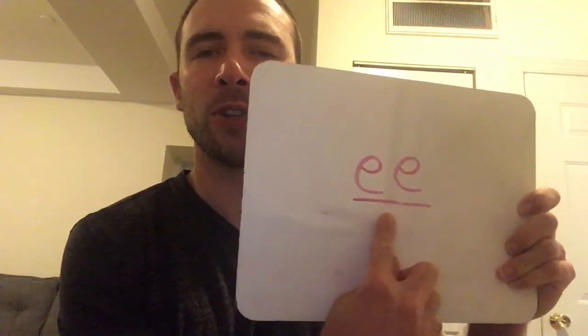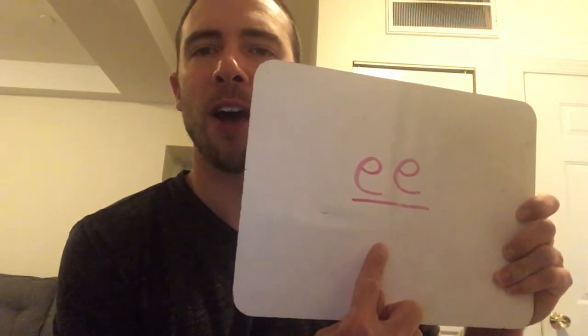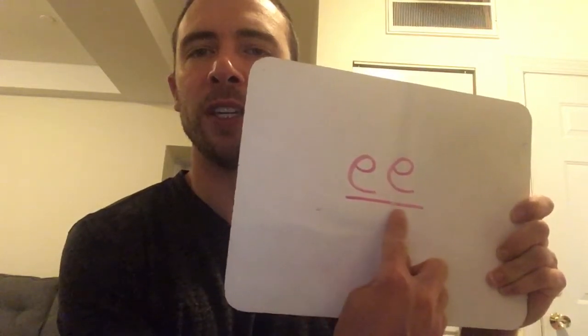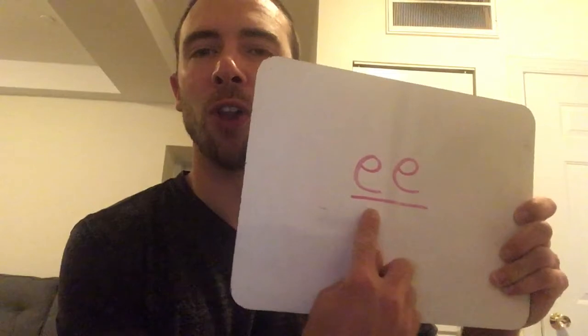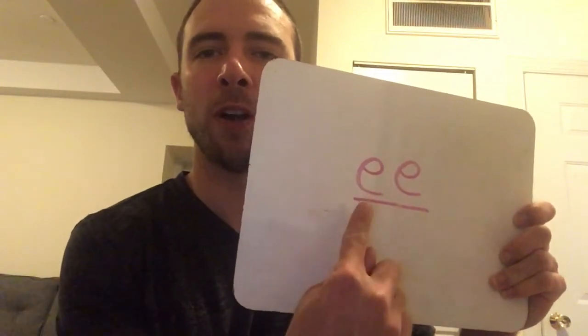If there are two E's in a row, we know that always these two E's are going to sound like E. It's going to sound like the long vowel sound of just one E. So, a word that we already know that includes this digraph, or this sound from two letters, is this word here. What word is this?